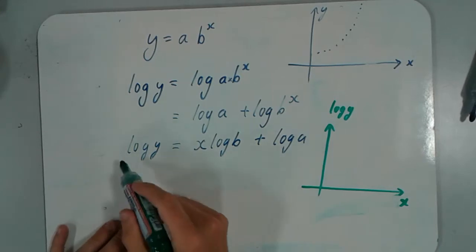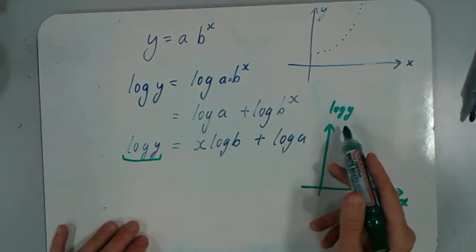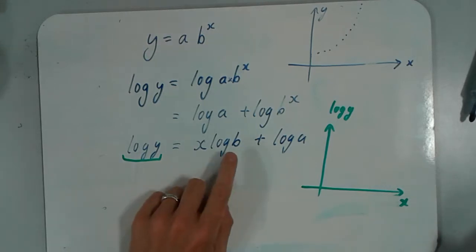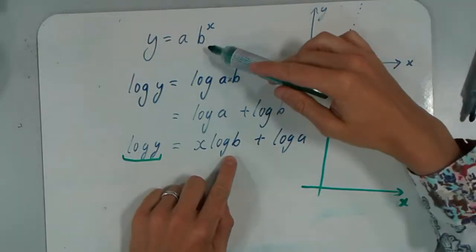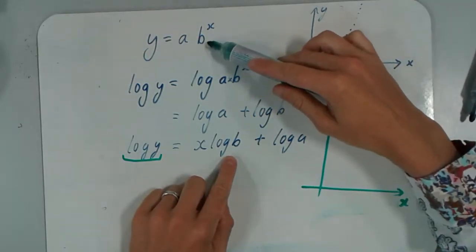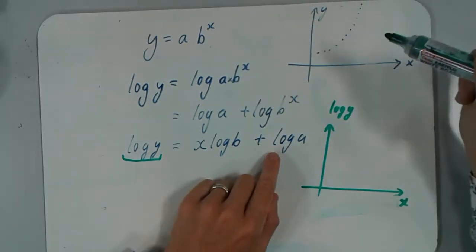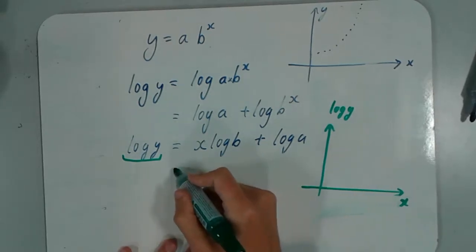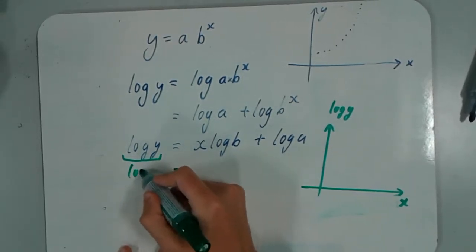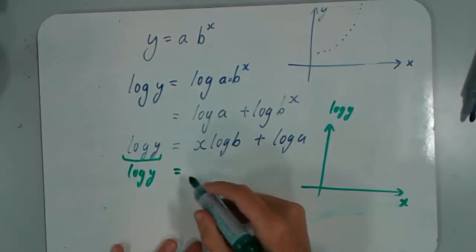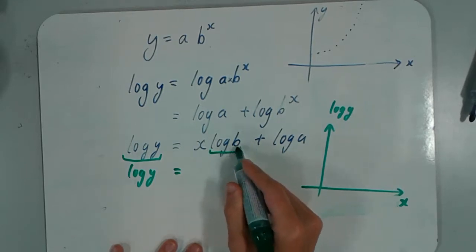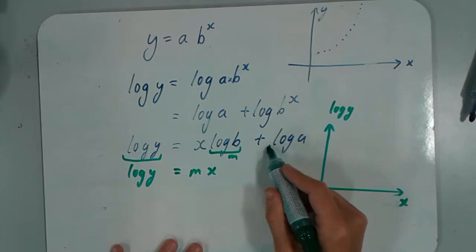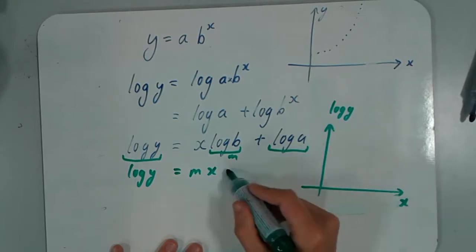We have our log y-axis here, and then something of the form x times a constant. Remember, b we don't know yet, but it will be some fixed constant, plus log a. Again, a will be some fixed constant. So this is now of the form log y equals mx plus c.